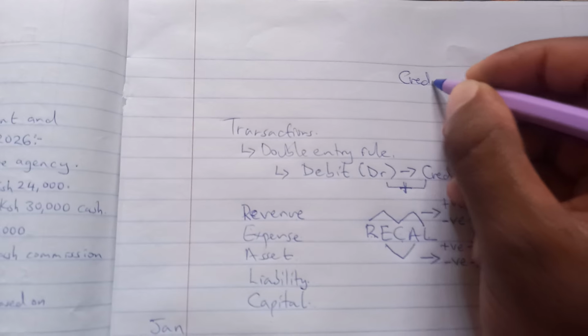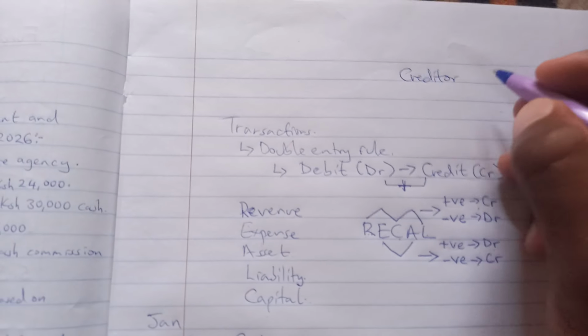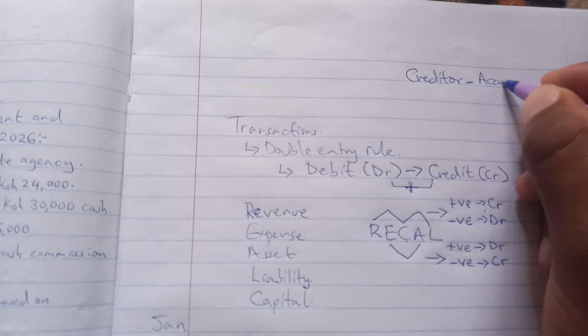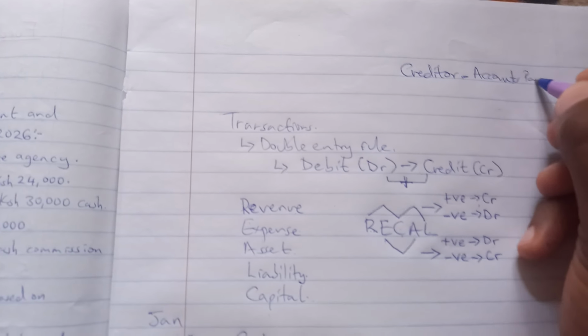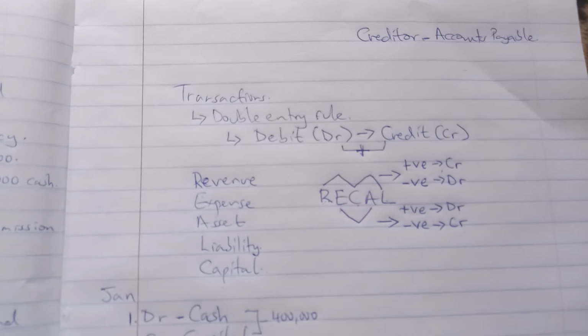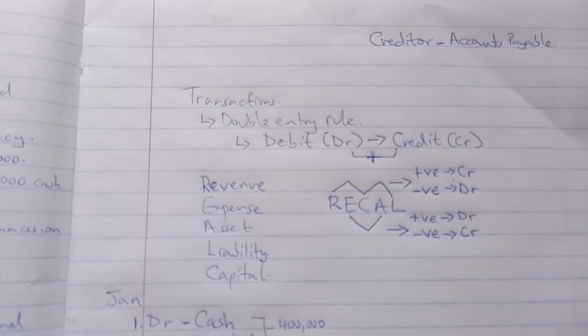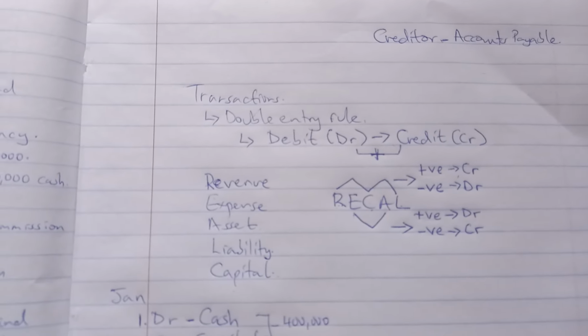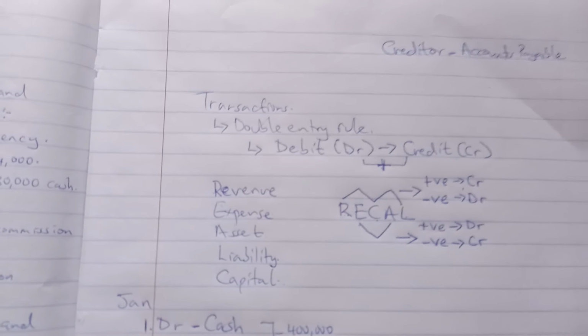The other name of a creditor is accounts payable. I repeat, another name for creditors is accounts payable in accounting.